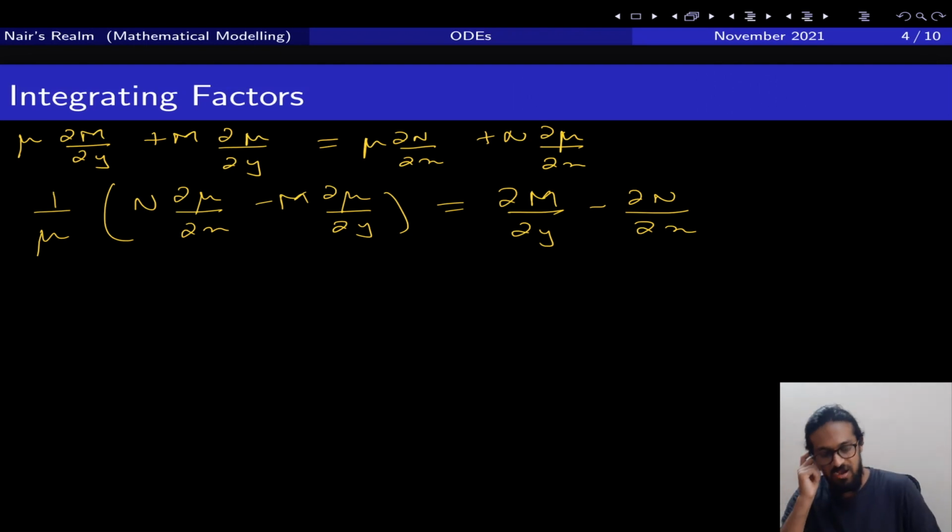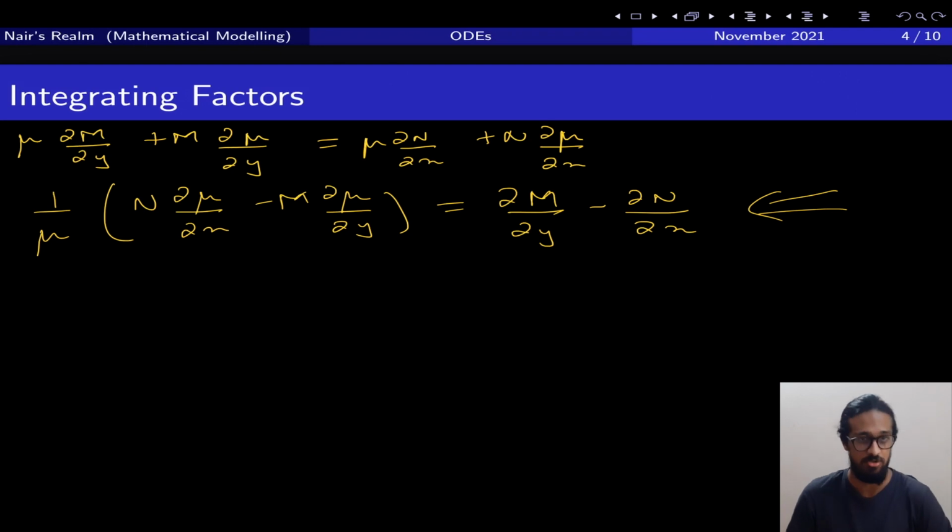So now this is a partial differential equation, which is even harder for us to solve, right? But what we want is one possible solution of μ. If we were to solve this, we would get the general solution of μ, and that could be an infinite number of solutions. But like I said, we are interested in only one such solution, one particular solution.